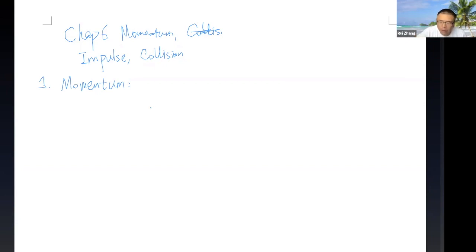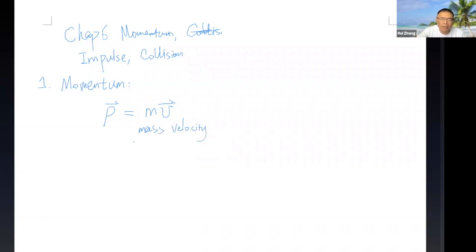In physics, we use P for momentum, and it's defined as mv, mass times velocity. Because velocity is a vector, the momentum itself is a vector as well, naturally. So P equals mv: this is the mass, this is the velocity.